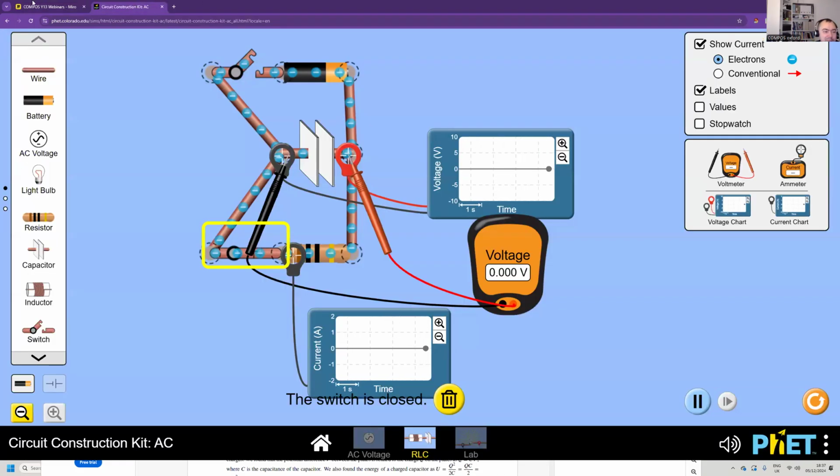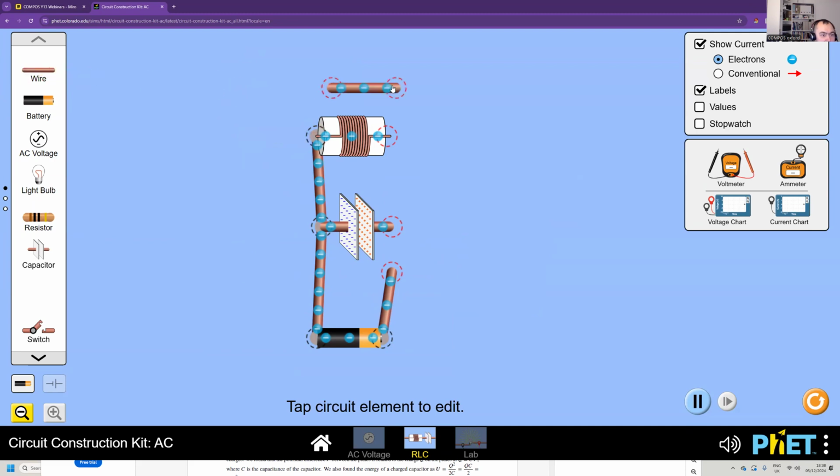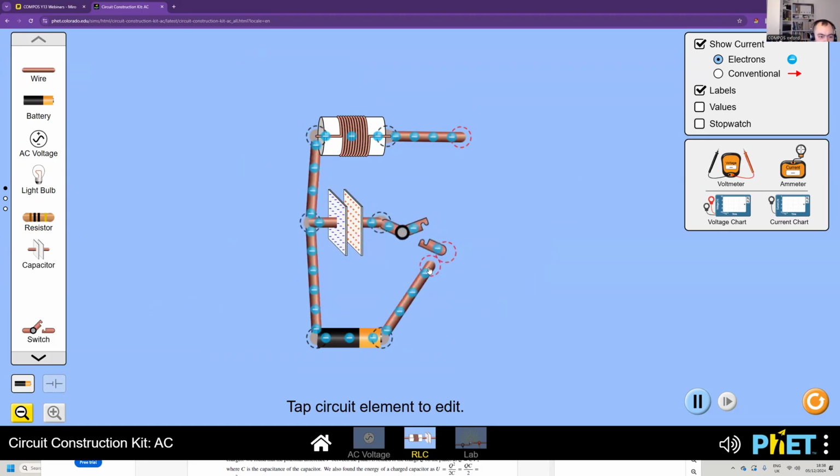Let's have a look. So we have an inductor, we have a capacitor. We need to charge the capacitor. Let's use a switch here and another switch here.